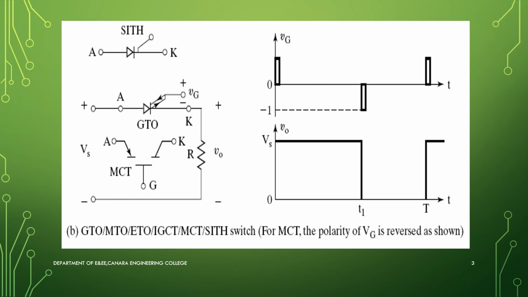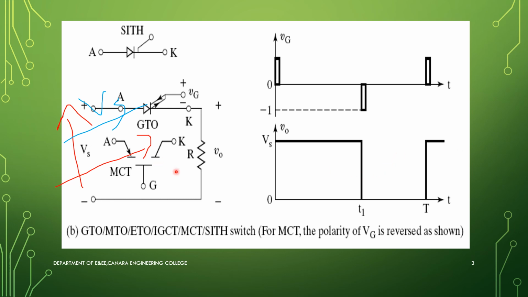Here also our input voltage is DC, it is Vs. On applying a negative gate signal, the device is turned off, so there is no current flowing through the load and your output voltage is 0. Again you can observe here, on applying a positive pulse, the device will conduct and you have output voltage across the load. Hope this is clear.